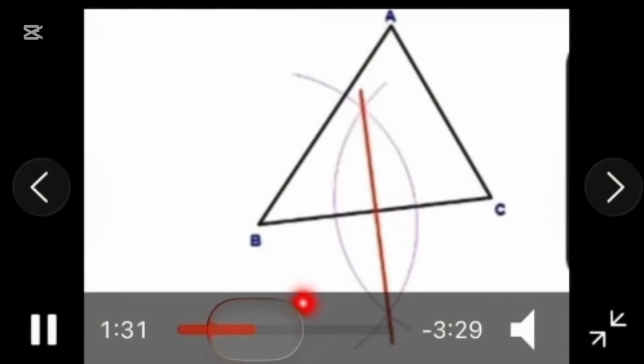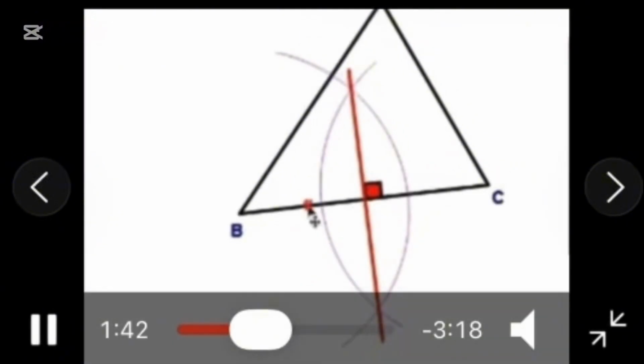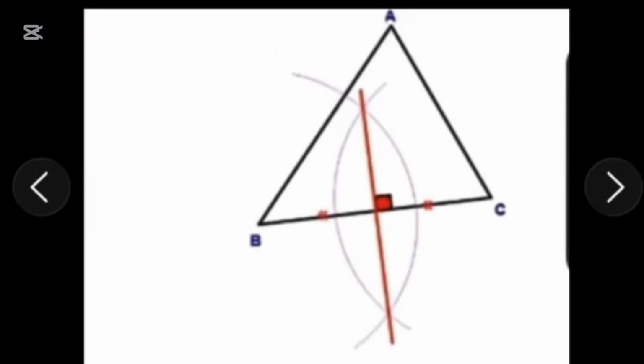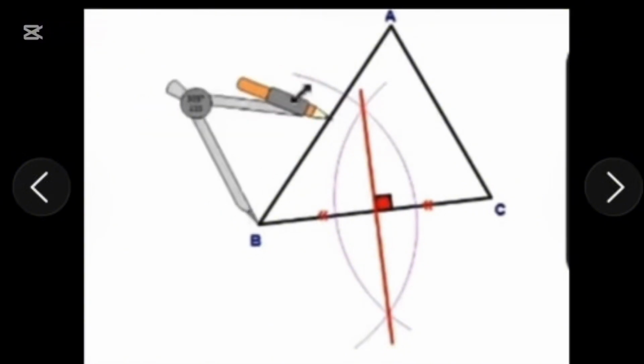Let me ask Hannah, what are the properties of this line? Exactly, this line is perpendicular to BC and at the same time it's passing through its midpoint. Now let's draw the perpendicular bisector of the second side, which is BA. The same way, using the compass, I put the compass on B. I open it more than half BA.